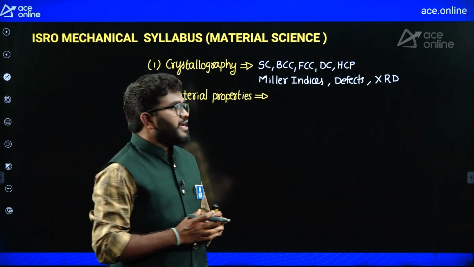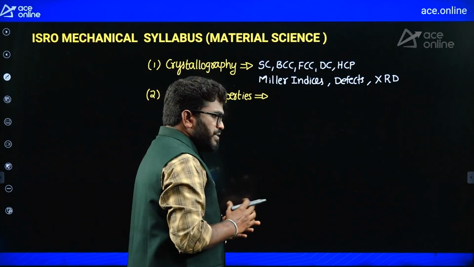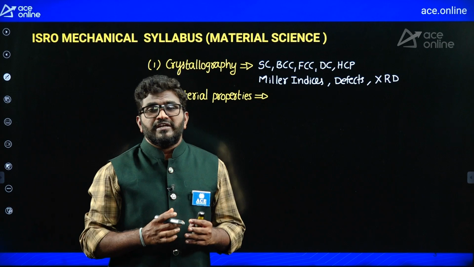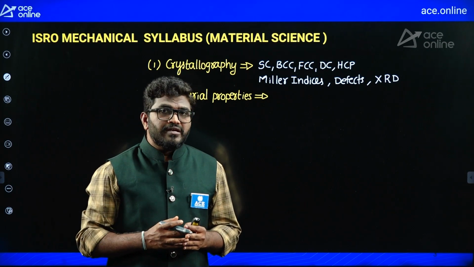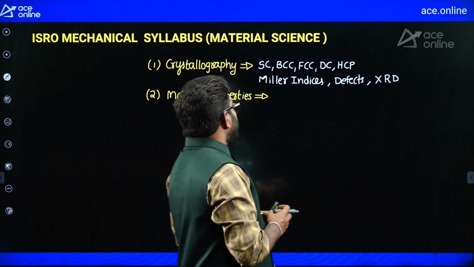From these mechanical properties, sometimes they will ask basic questions, sometimes basic numericals, especially from true stress, true strain numericals, and sometimes power law questions they may ask you for your exam.